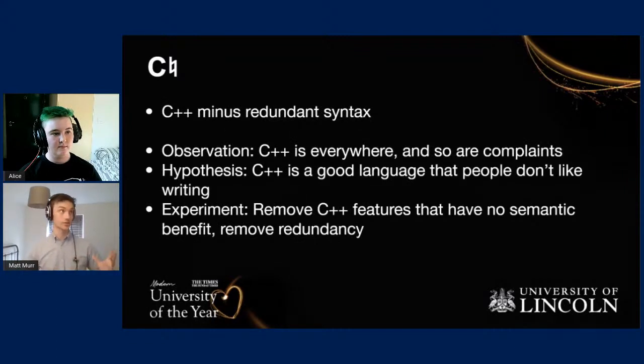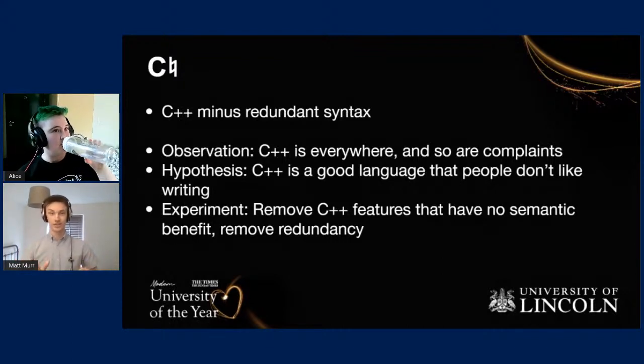So what is C Natural? How does it fit into this goal? In a sentence, C Natural is C++ minus redundant syntax. Again, it's just syntax. It's just the way that things are written, not so much changing the form of the ideas being written. The theory is that C++ is a good language. It is provably good. We'll get onto that in a moment.